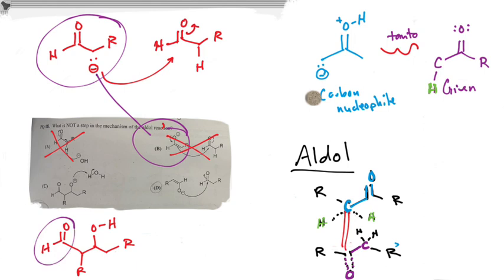What was the name of that functional group? An aldehyde? What's the name of that functional group? An alcohol. An alcohol, what did we just make? The aldol. What mechanism were we trying to do? The aldol mechanism. Did we need to protonate? Yes, we did. So it's D. Oh, so it must be D.